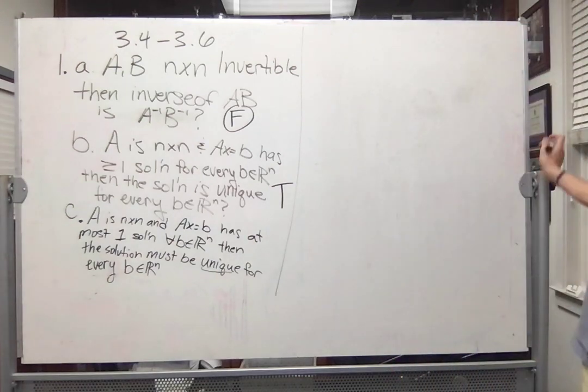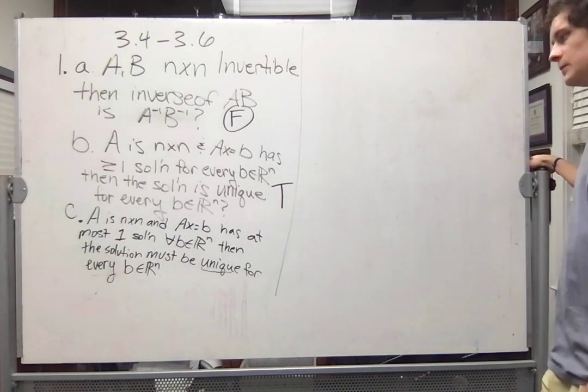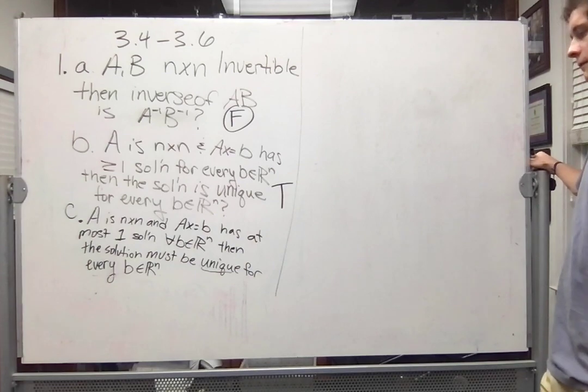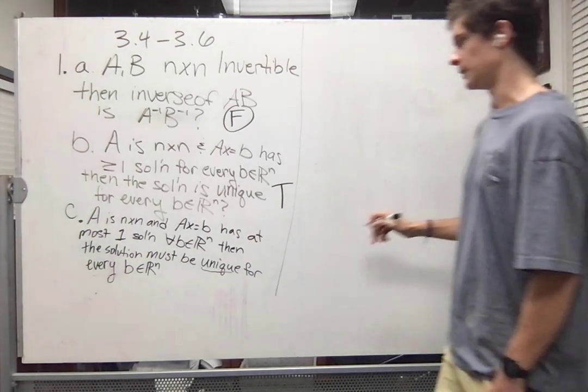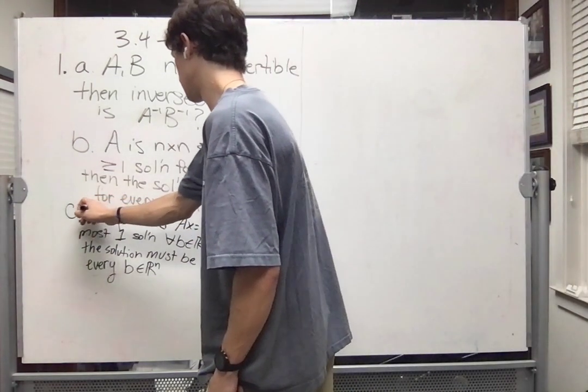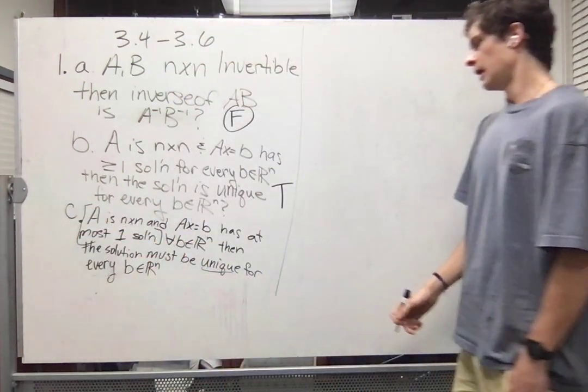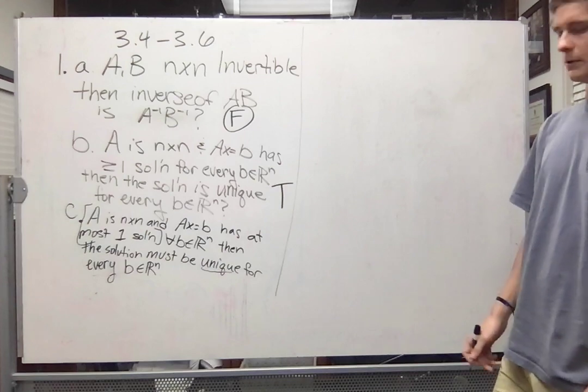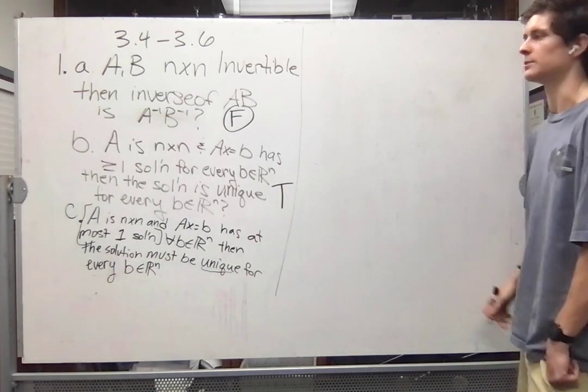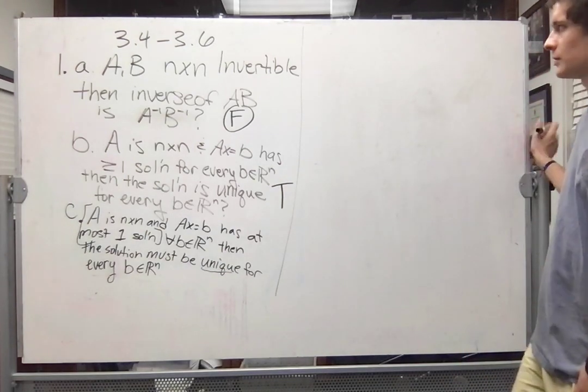Okay, so A is n by n, AX equals B has at most one solution for every B. So this first part, from here to here, having at most one solution for every B, what should that remind us of from last week? That should remind us of one-to-one.